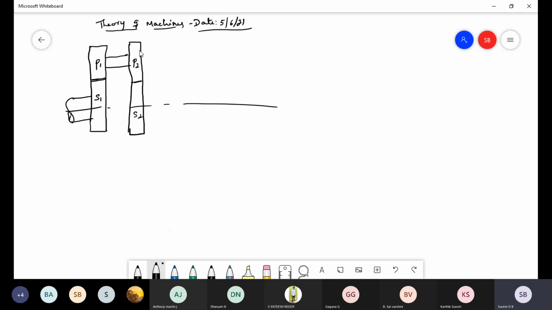Again, one more arm is there, connected on the same axis as the planet gear axis. This one is the center axis of the planet gear. Here the arm is connected.